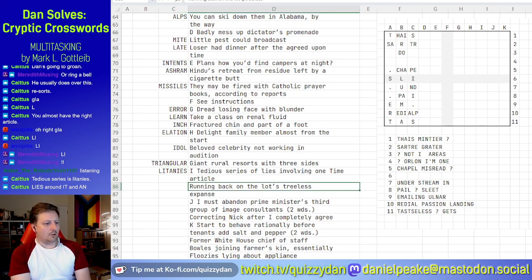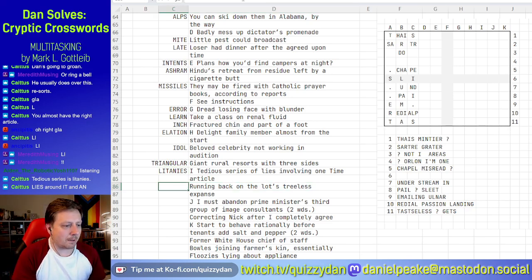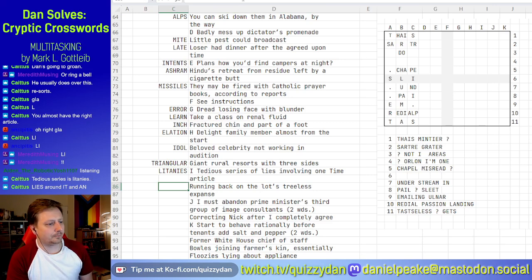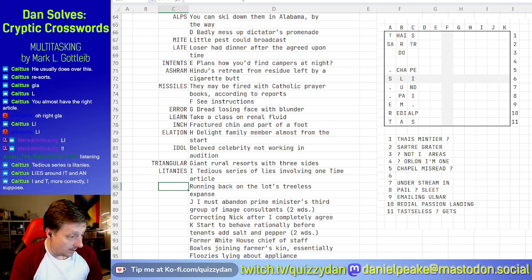Running back on the lot's treeless expanse. Actually, if you just took the first 3 words at first, oh no, ignore that. Muppetry, because running means on. So I was going to say, oh look, there's a clue with just the first 3 words, but of course, back on is no. Running back on the lot's treeless expanse.